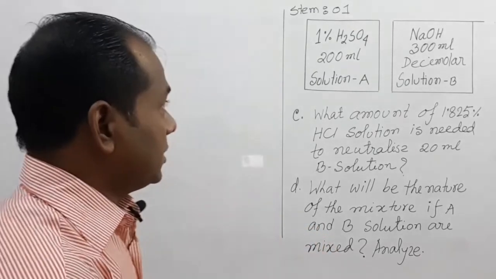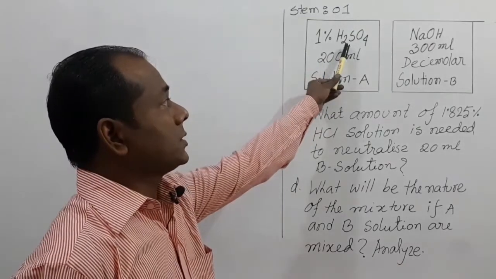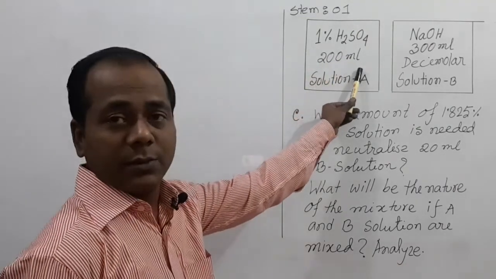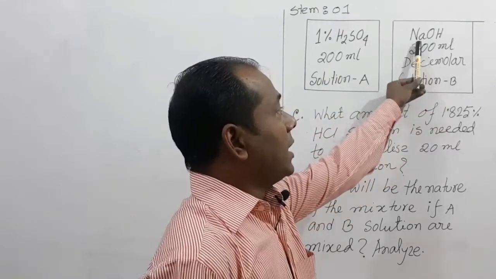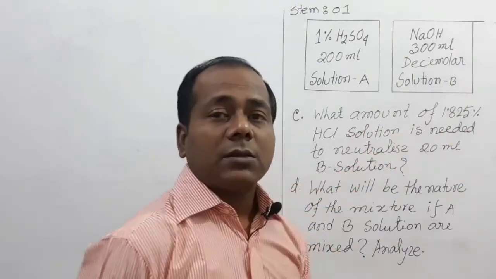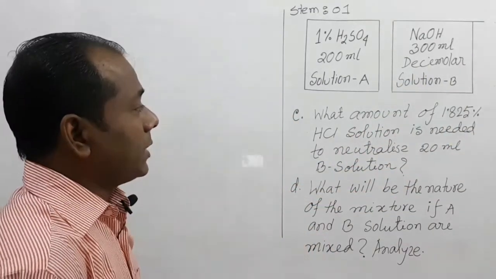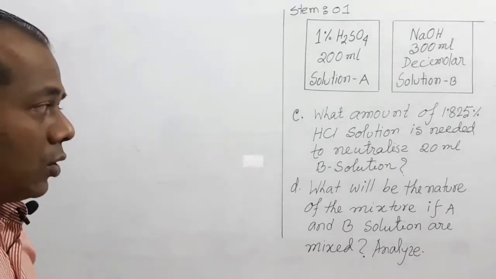Our first question is given here: solution A is 1% sulfuric acid, 200 ml, and solution B is sodium hydroxide, 300 ml, decimolar solution. That means the molar concentration of sodium hydroxide is 0.1 molar.